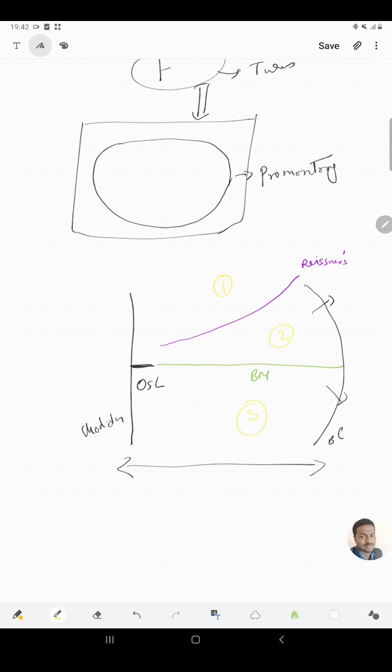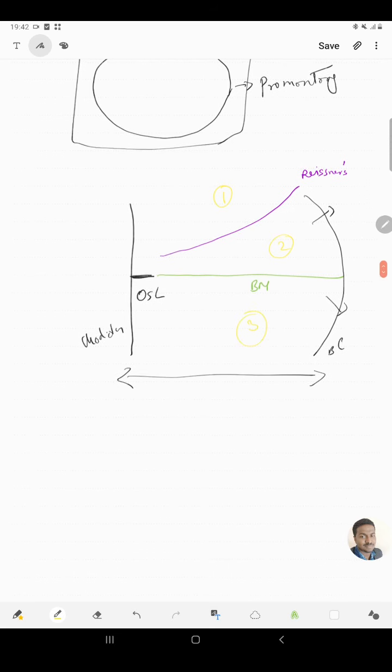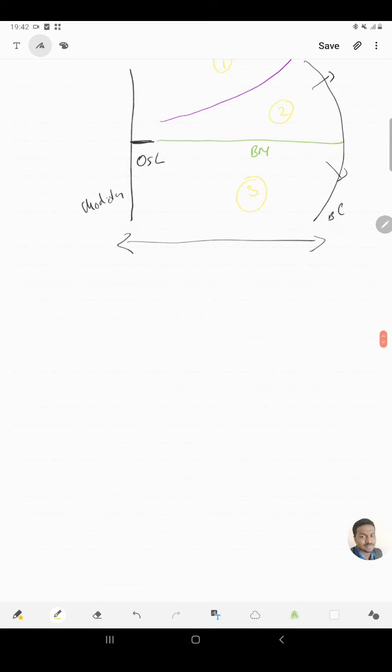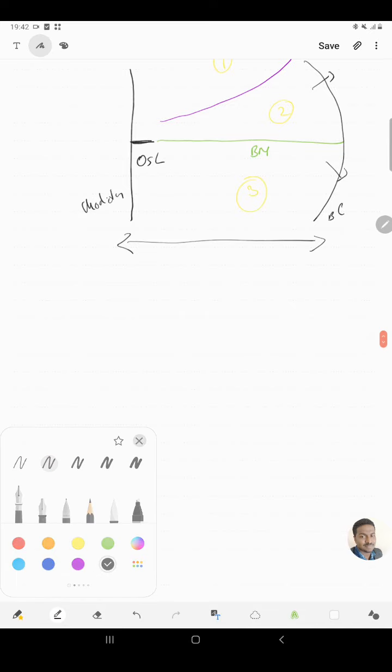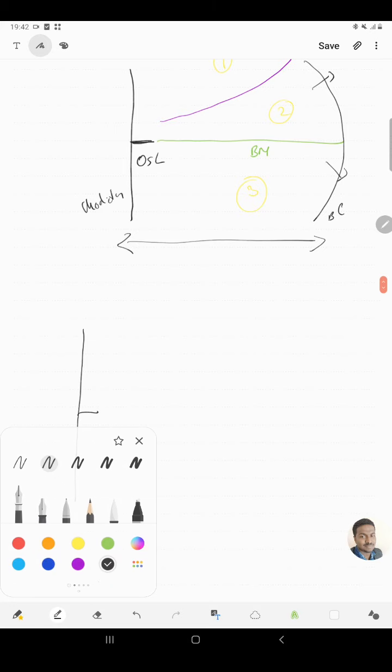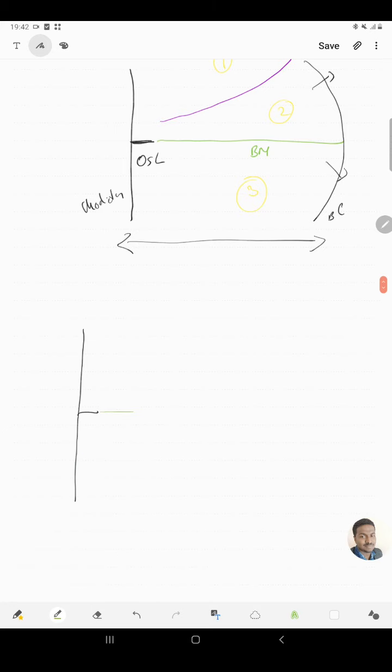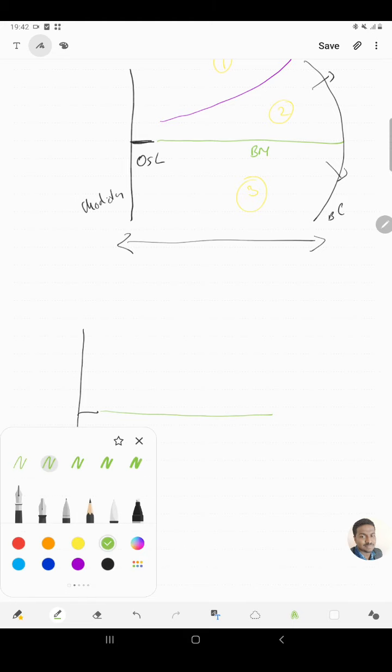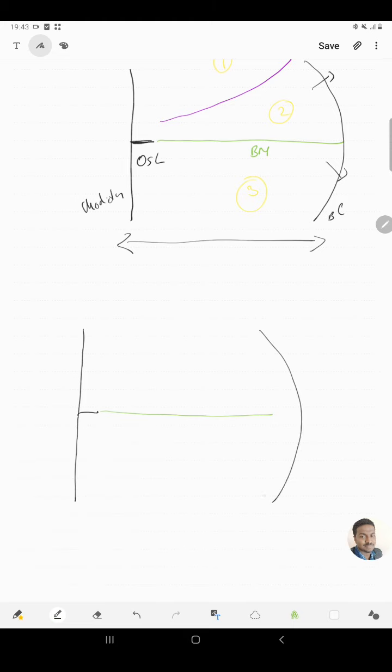So now 3 compartments are divided. We'll further add on from this diagram itself. Now we have this modulus, the osseospiral lamina, to which is attached the basilar membrane. Now it is in turn attached to the cochlea.